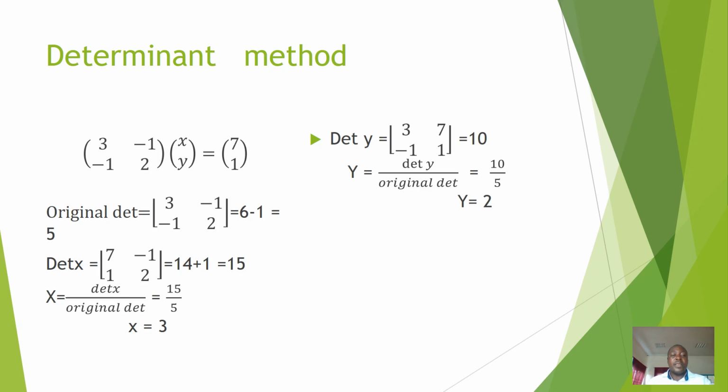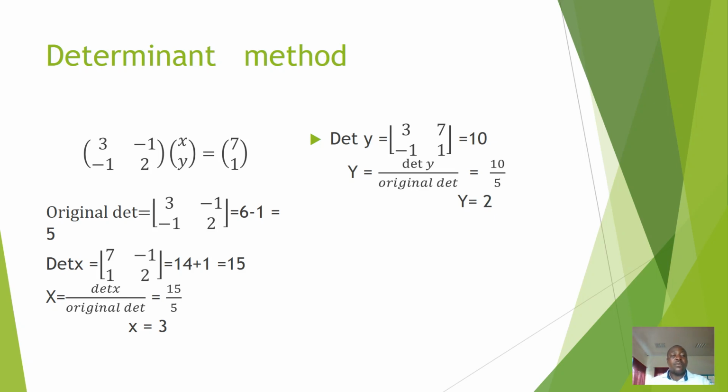And you're seeing I'm putting straight lines instead of brackets. That one represents magnitude. So when we are determining a determinant, we drop the brackets and use straight lines which represent magnitudes. So the determinant of the original matrix gives us a 5.